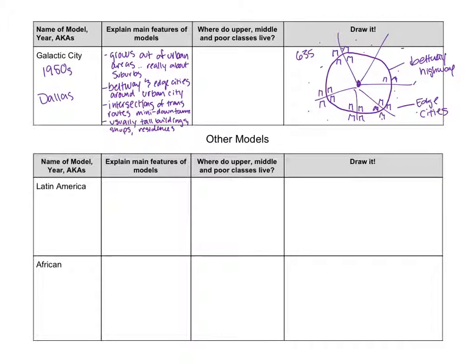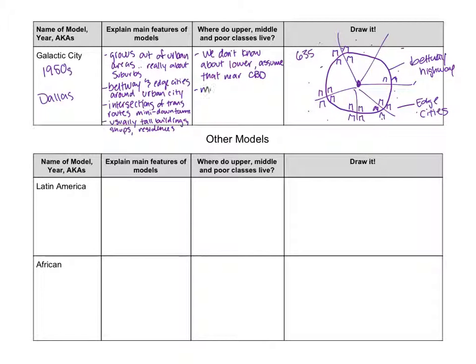So with this model, we don't know a whole lot about our lower class, but we can assume that they're going to be left in the middle near the CBD, because it's the middle and upper class that are going to be moving further out. That they're near CBD, because they just won't have the access to transportation to drive in and out of the city every day.